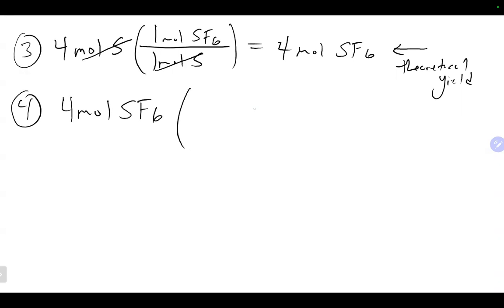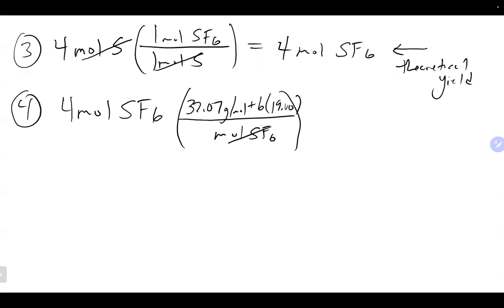And we would use the molar mass of SF6, which is 32.07 for the sulfur and 6 times 19 for the fluorine over moles. Those guys would cancel, and it looks like maybe, oops.